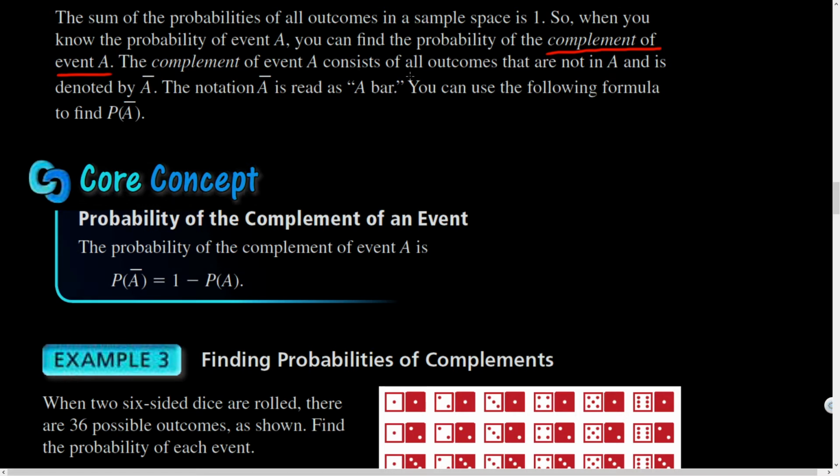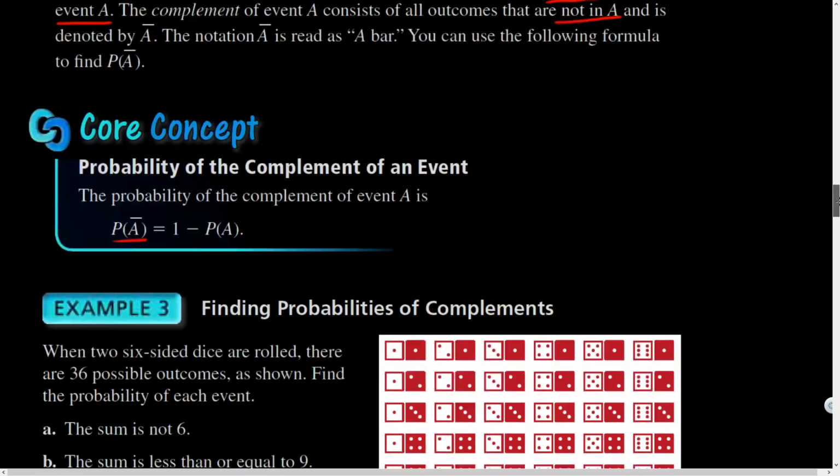The complement of event A consists of all outcomes that are not in A and is denoted by this little A, not A. I'll call it A bar. You can use the following notation. So the probability of not A is just going to be 100% take away the probability of event A occurring. That makes sense.